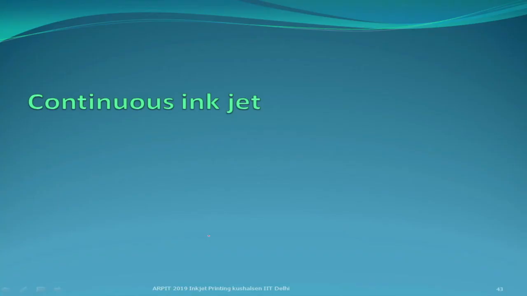So, continuous means drops will continuously keep falling, and drop on demand means a drop will be generated and ejected only when required. So, these are two principles, and there are machinery manufacturers who are using both these principles to make inkjet printers. Let us look at what the continuous inkjet principle is.